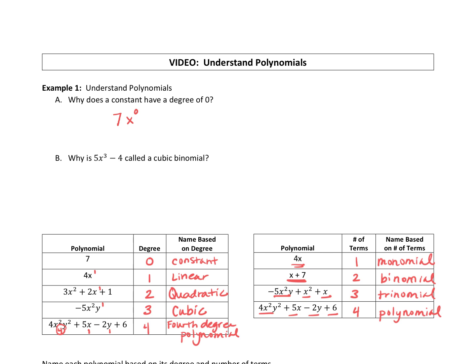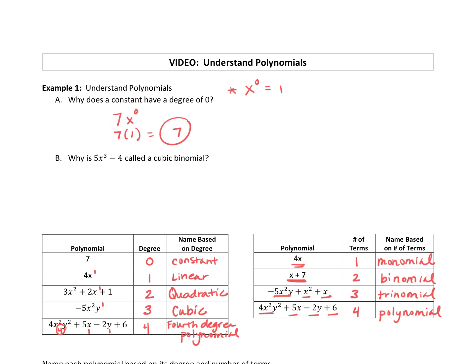What we want to remember, our zero property of exponents, anything raised to the 0 power is equal to 1. So really, this is the same thing as 7 times 1, which is why the only thing that we see is a 7. So any constant term does have a degree, and the degree is just a 0, because this is another way that we could write that.